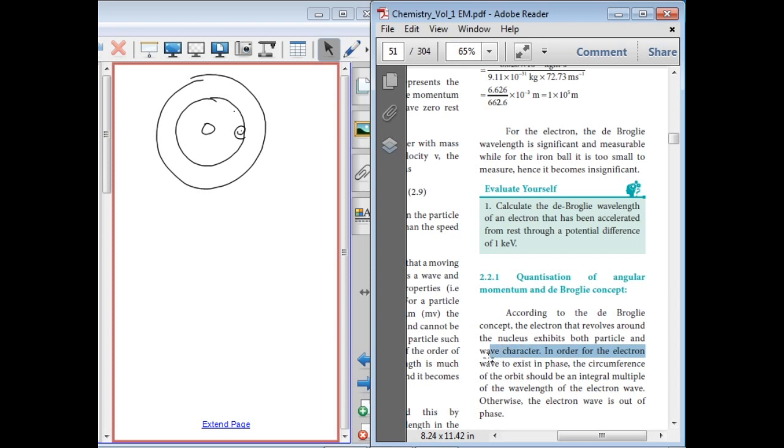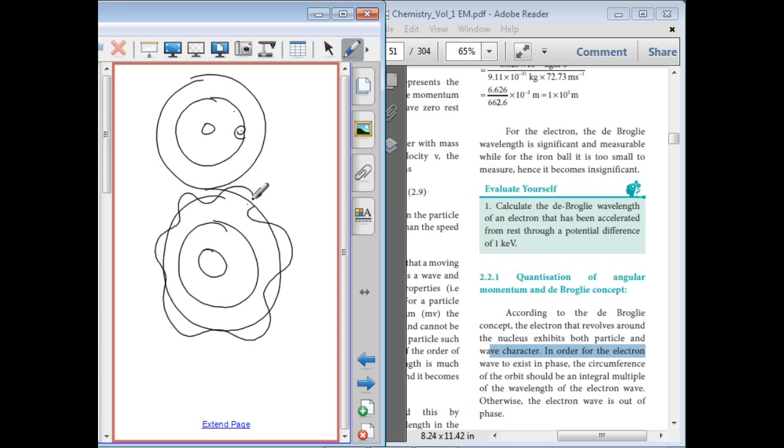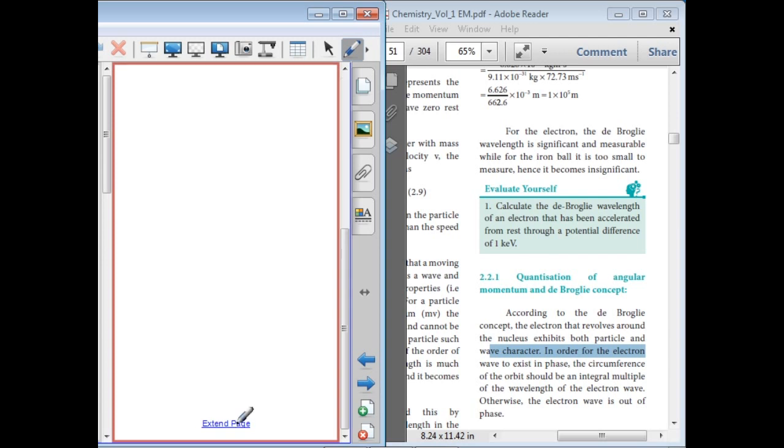In the Bohr concept, the electron revolves around the nucleus in a certain path called an orbit. But in the de Broglie concept, the electron revolves around the nucleus with both particle and wave nature. The circumference of the orbit should be an integral multiple of the wavelength of the electron wave.